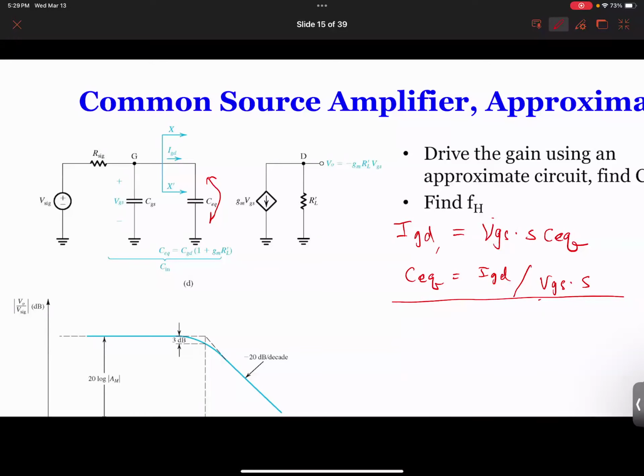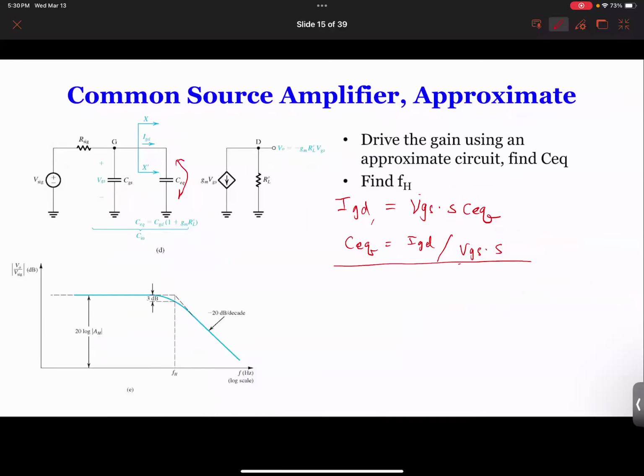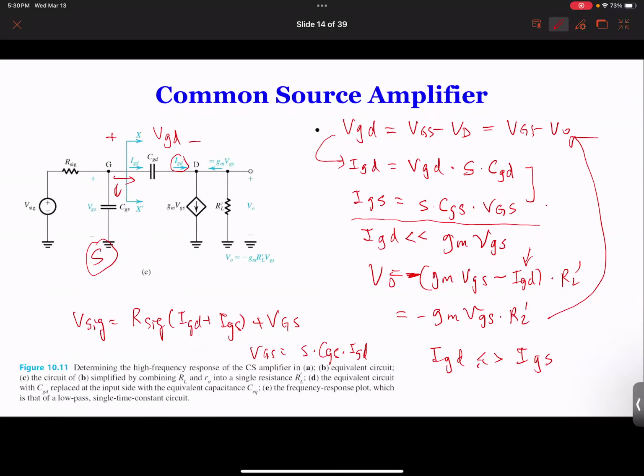So from the previous circuit to this circuit, the difference between CGD and CEQ is that CGD is measured between G and D. The voltage between G and D, we went through a series method to calculate. But when we place CEQ to ground, apparently the voltage is changed.